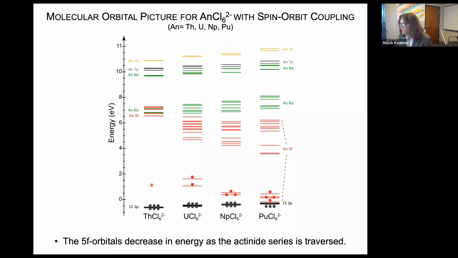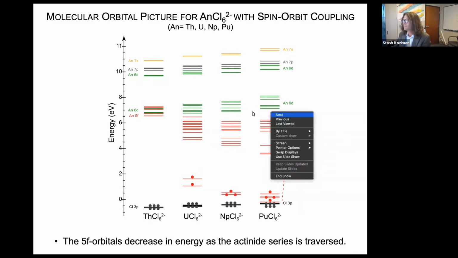But what you see is that for thorium, the 5f and the 6d orbitals are close in energy. And then as you move across the series, the 5f orbitals drop in energy and spread out. And the 6d orbitals stay in a relatively narrow energy range and don't change in energy.